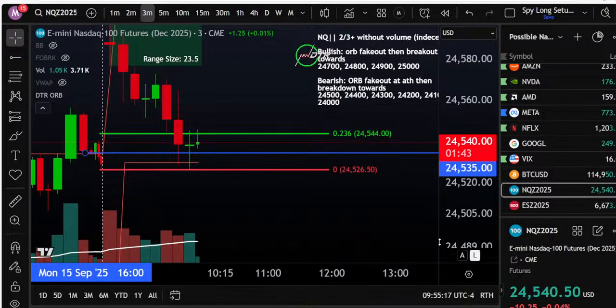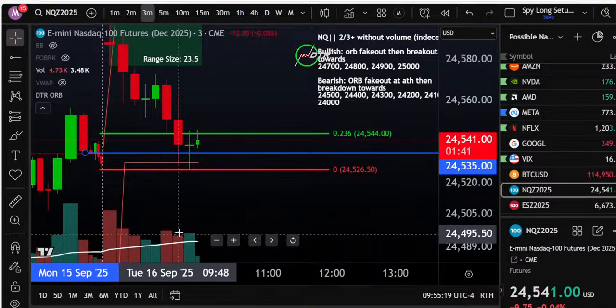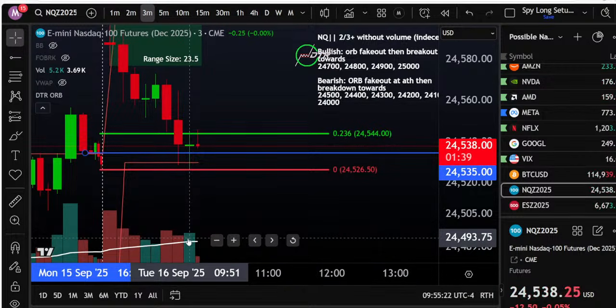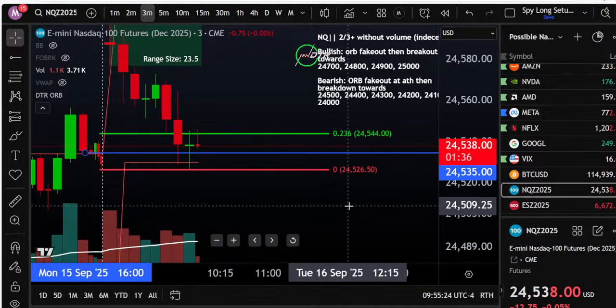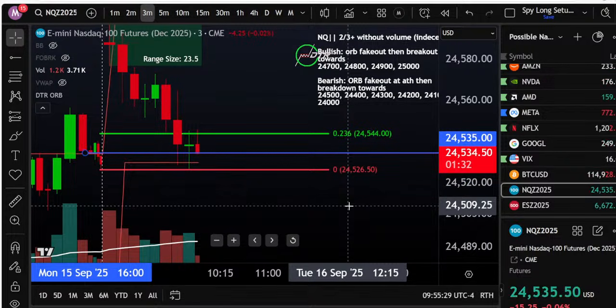And this time it would be a long, right? We'd be looking for a long based off of this reversal. 5 minutes till data. It's a little bit of time, but not a tremendous amount of it.